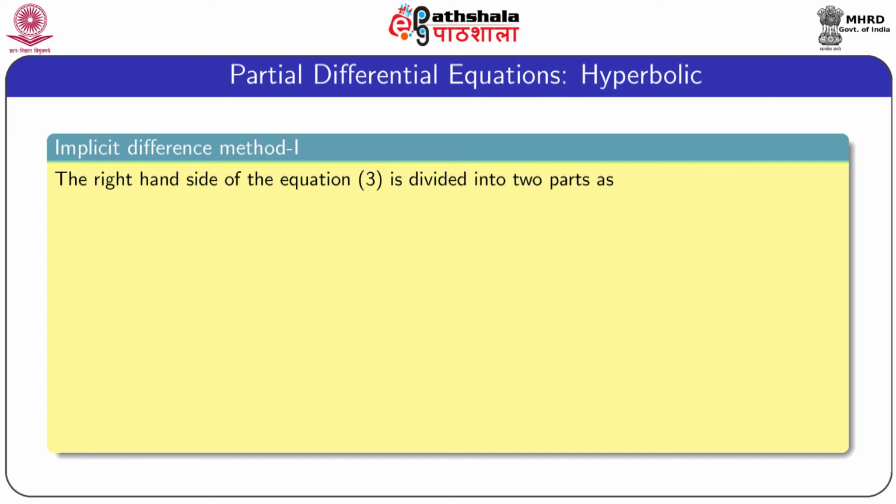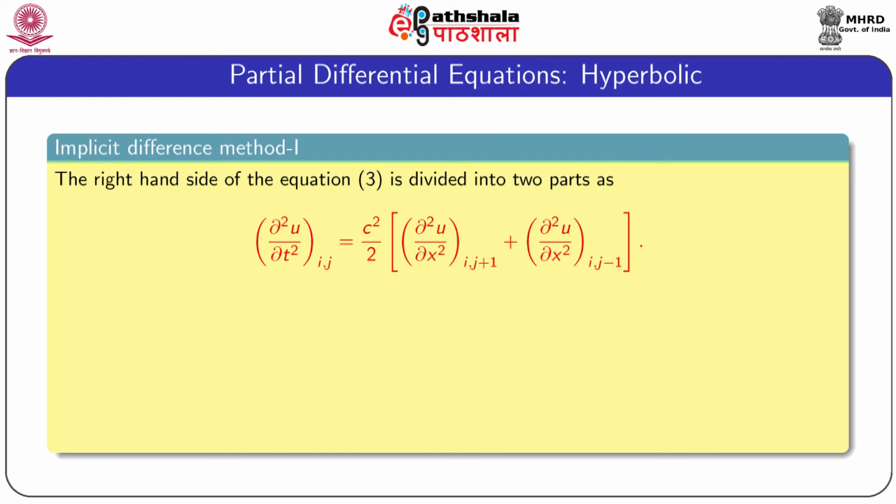Now we present two implicit methods to solve the hyperbolic partial differential equation. In the first implicit difference method, we have divided the right hand part of equation 3 into two parts.